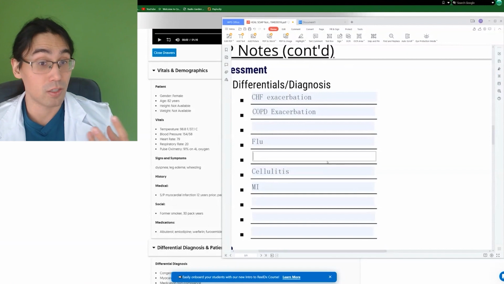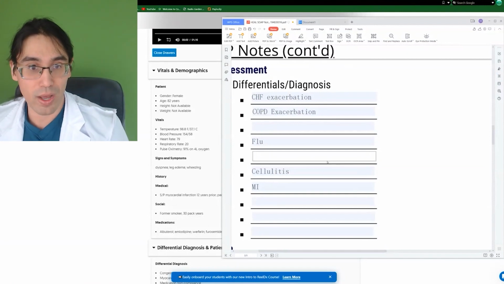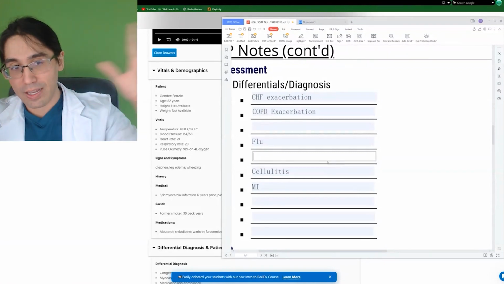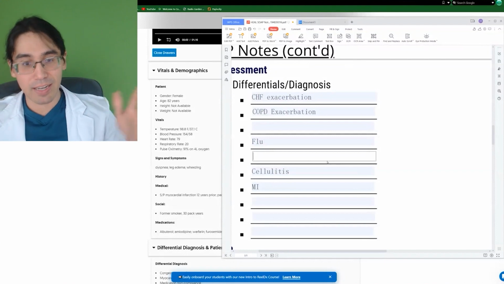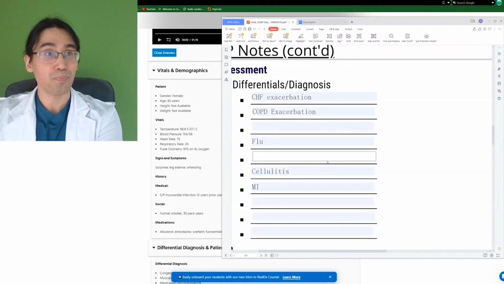Cellulitis would present more with one-sided redness, tenderness, and maybe some swelling to that extremity or the area that's affected. That way you take that student who was thinking cellulitis and they can think about it, they personalize it more. Then you go through the other results.